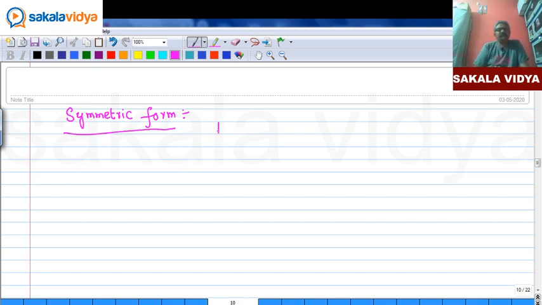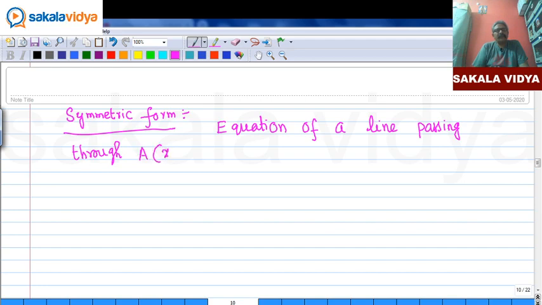The equation of a line passing through (x1, y1) and having inclination theta.